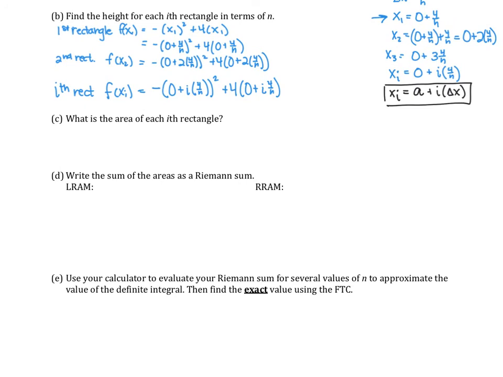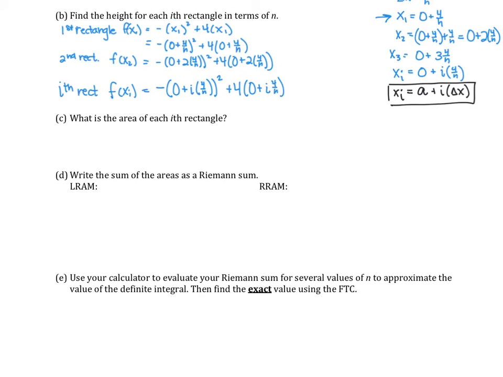It says, what's the area of each ith rectangle? Well, generically, we know area is base times height. Well, we just found the height and the base. Let's go back to a pen. Area equals the base times the height. And for this particular rectangle, the base that we said was 4 over n, that's an n, not an h, times, well, then we have this crazy thing here.